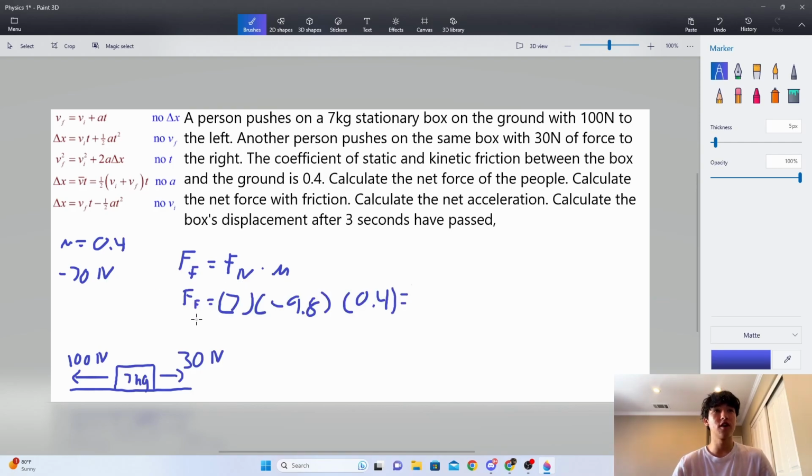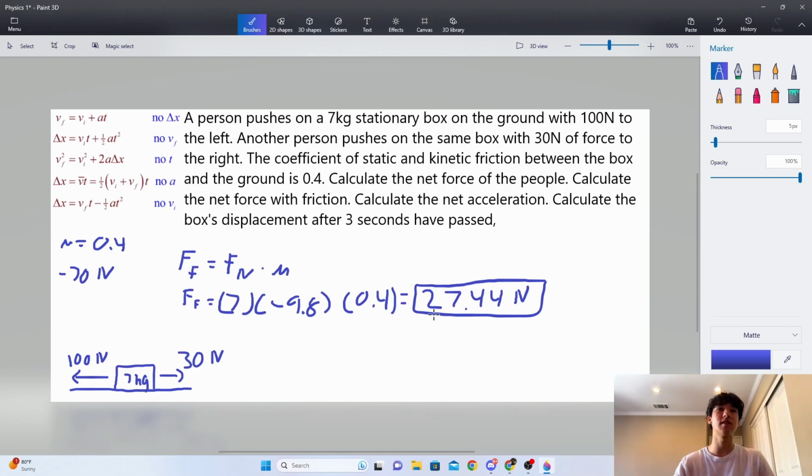So frictional force is equal to mass times gravity times mu, or the coefficient of friction, and that's all going to equal 27.44 newtons. And the reason why this is positive is simply because our applied force is going to the left, which is negative, and that means the frictional force is going to the right, which is positive. So there we go, because it's always opposing, it's always opposite.